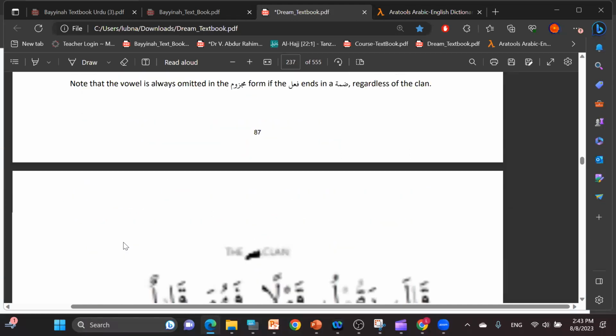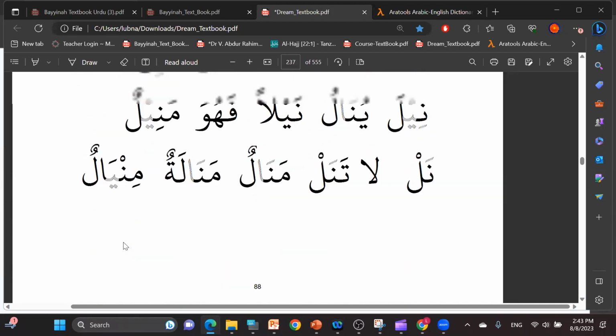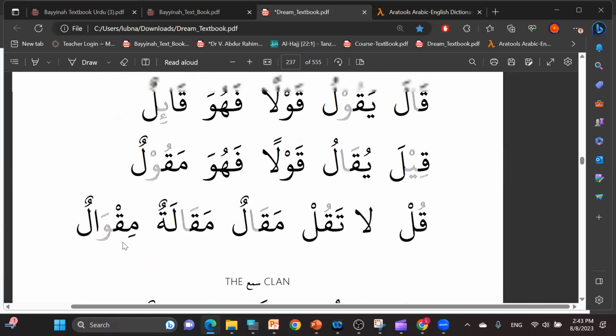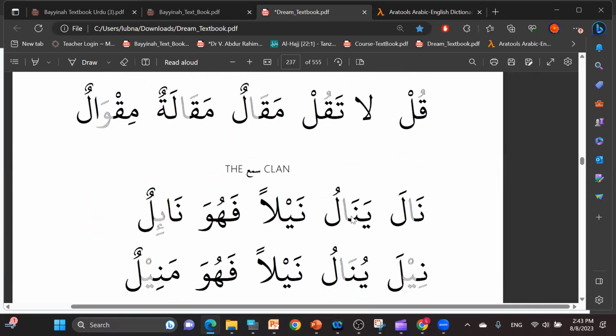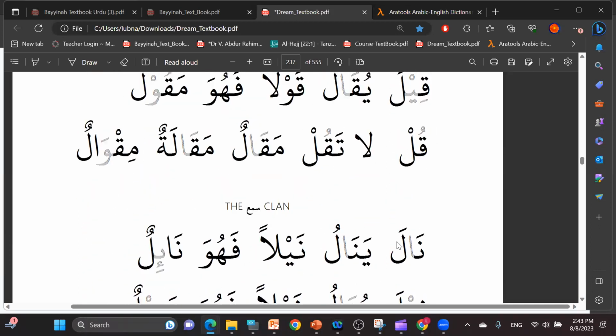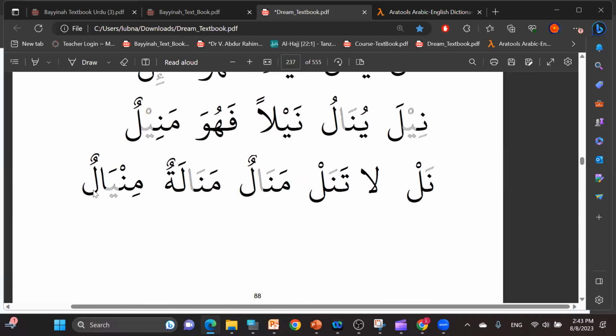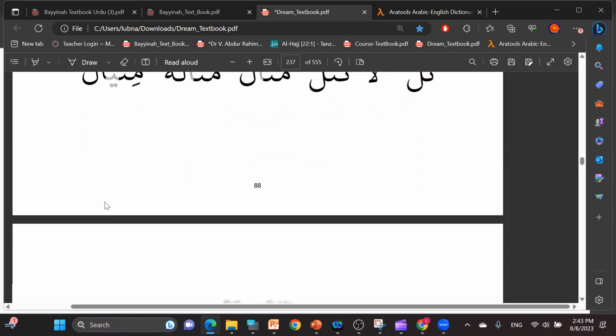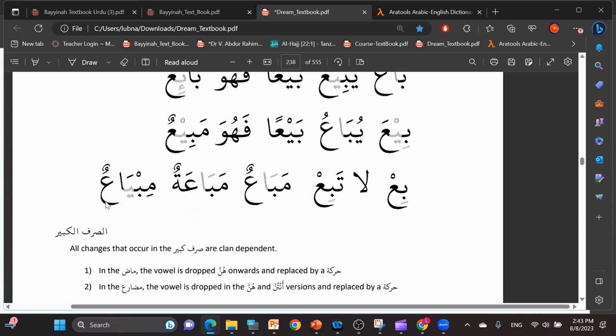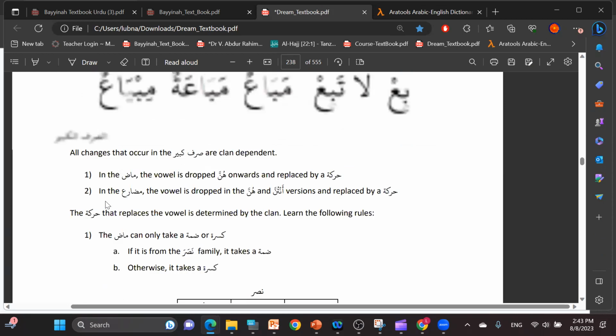This is page 88. And it is not only for qala yaqulu, it is for nala yanulu, nala yanalu also. Mif'alun is the pattern for ism ala, not ism zarf. So these are mistakes on pages 88 and 87.